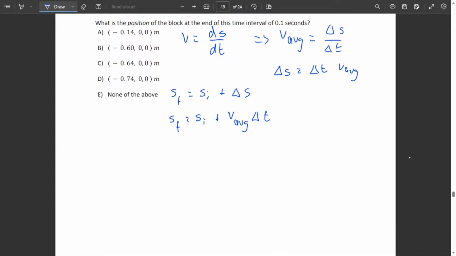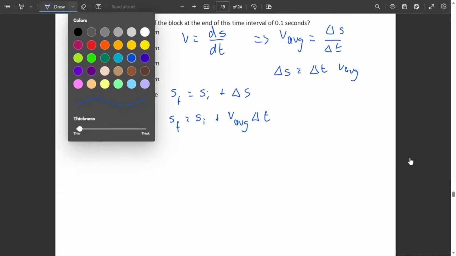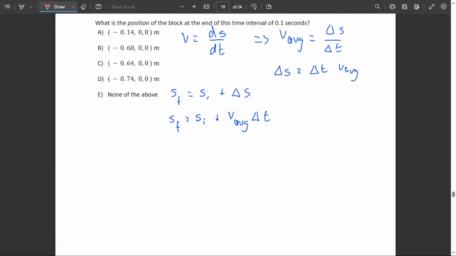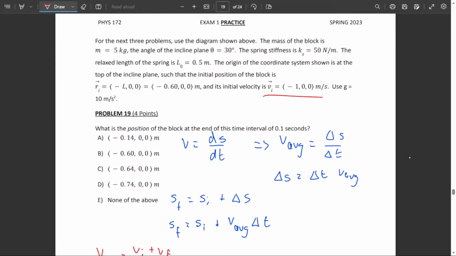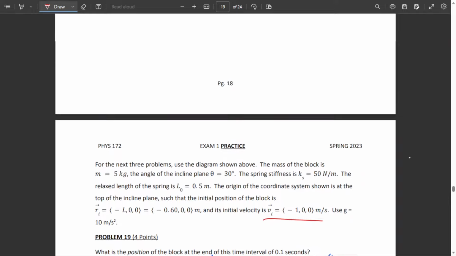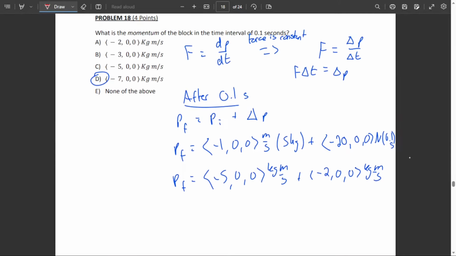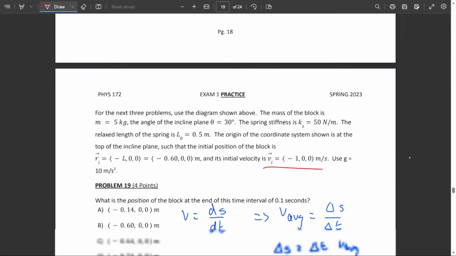So let's calculate the average velocity. To calculate it, we need the initial velocity and the final velocity. We know the initial velocity, it's given to us. To find the final velocity, we use the momentum we just calculated, minus 700. If we divide that by the mass, we get the final velocity.